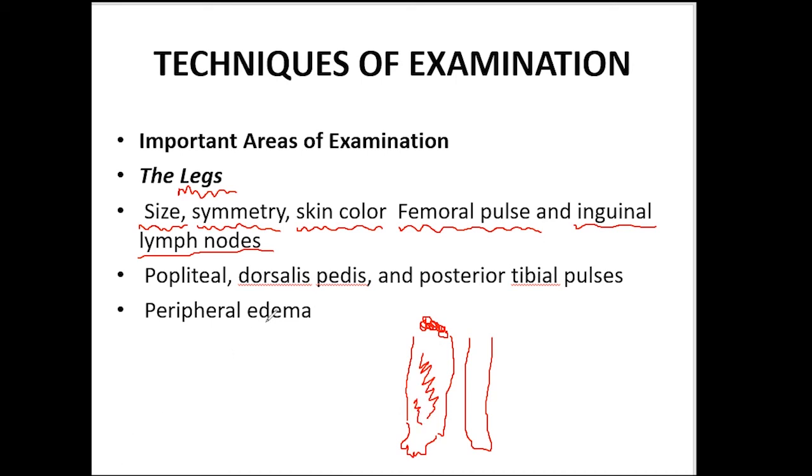So that's why we feel the lymph nodules. And we can feel the pulse in different locations because the blood vessels pass there. And we're still looking for edema to see if they have some trouble with blood supply or blood circulation.